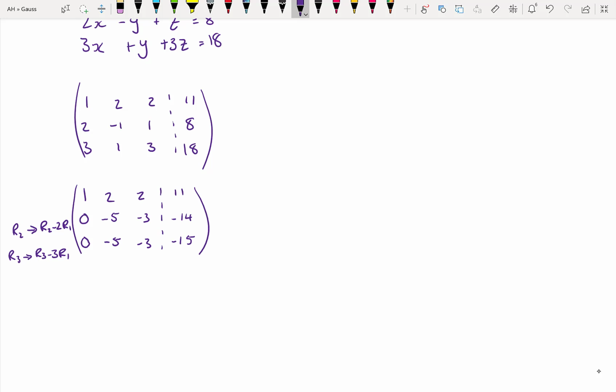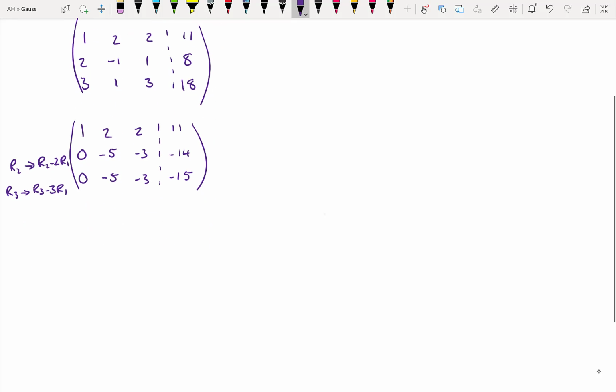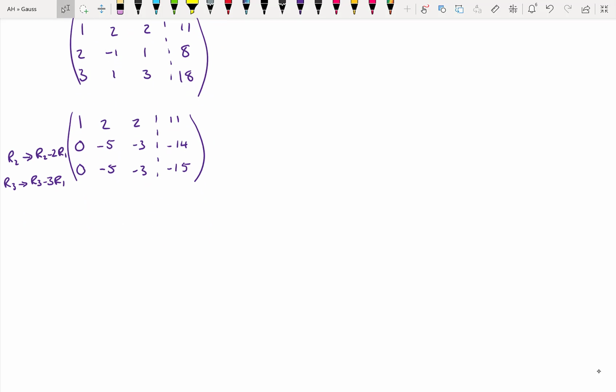Okay, now we hopefully are starting to spot some distinct similarities between my bottom two equations. When I come on to do the next bit, again, I still have my top one, 1, 2, 2, 11. My second line is 0, minus 5, minus 3, minus 14.